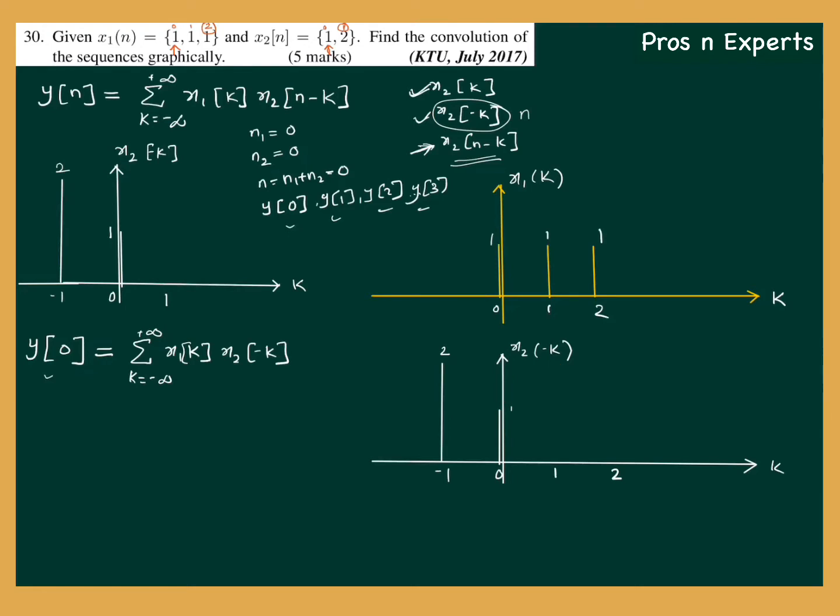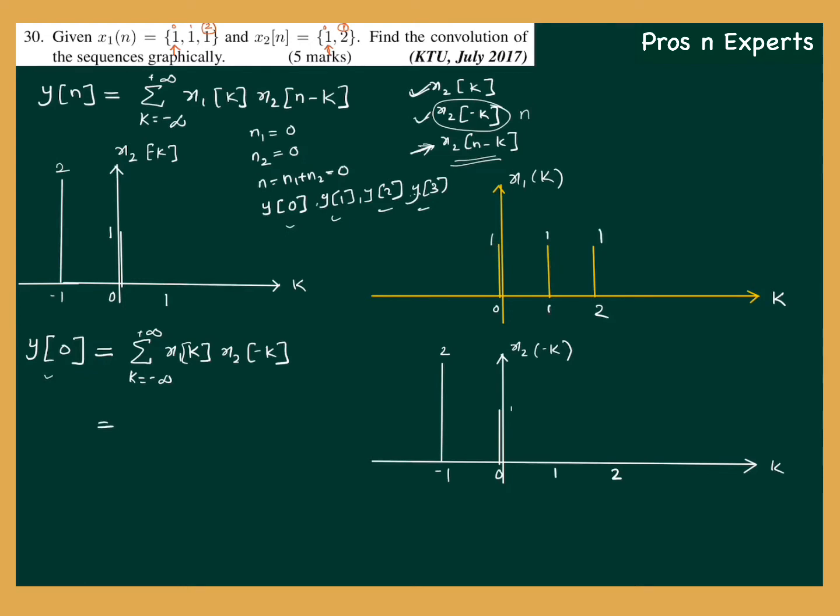Here there is only one sample in each that get multiplied, because all other samples are multiplied by 0. So we have only this sample at n equals 0. So x1 of k into x2 of minus k gives only one sample, 1 into 1.